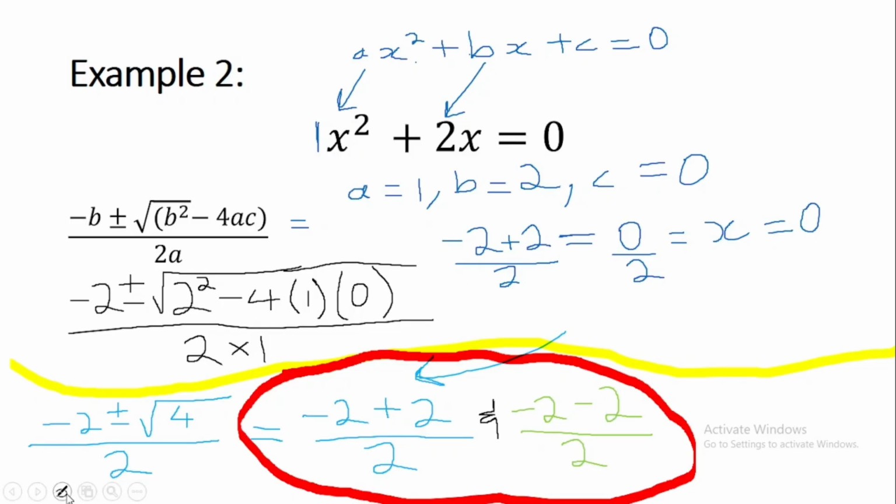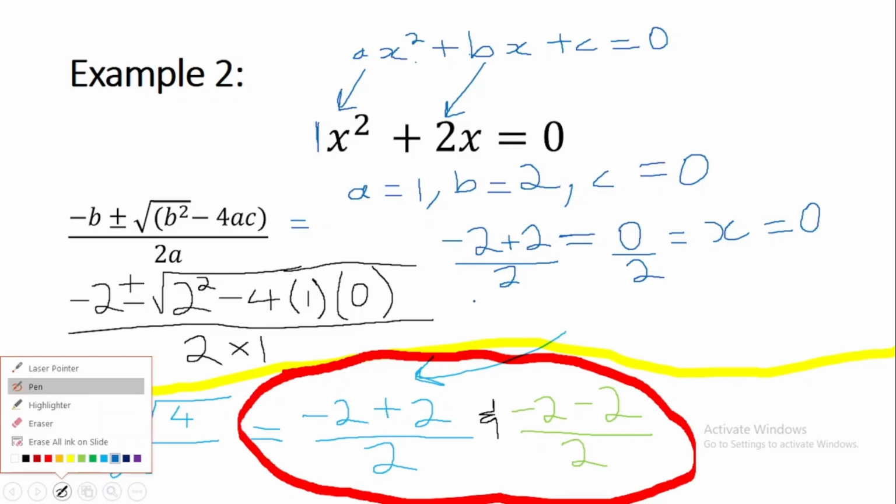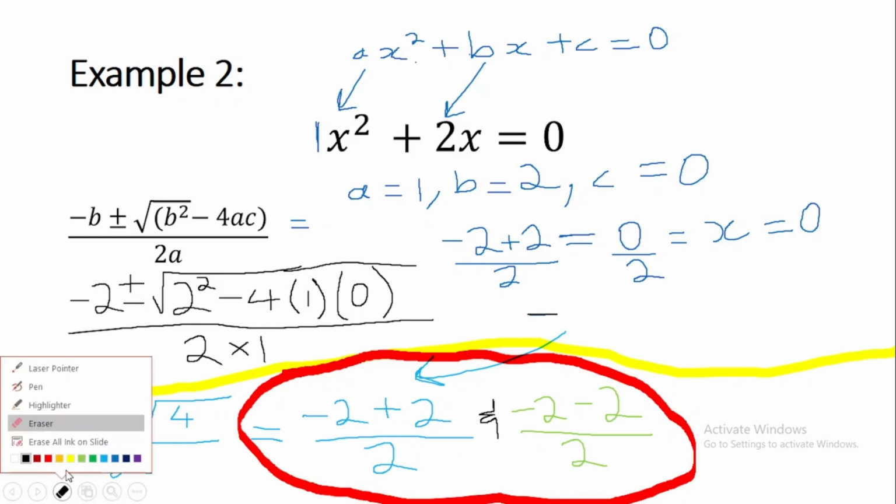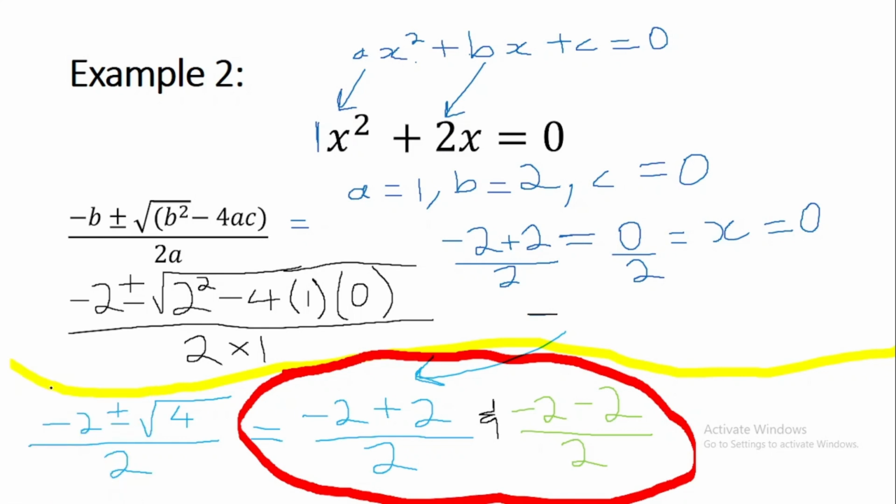And now we have our negative 2 minus 2. So for this one right here, if I have negative 2 minus 2 over 2, that's going to be equal to negative 4 over 2, and that will be equal to negative 2.